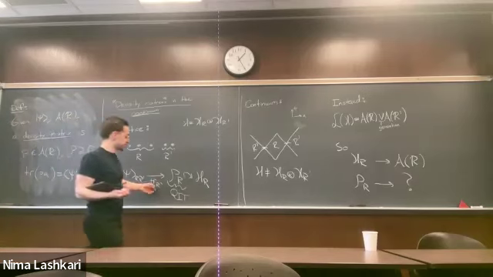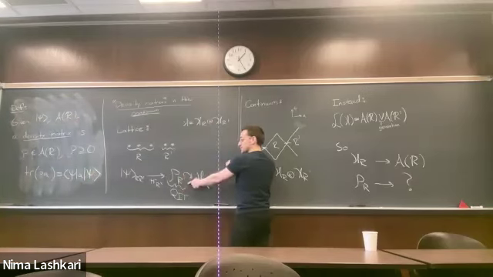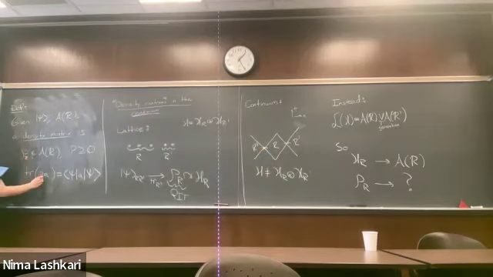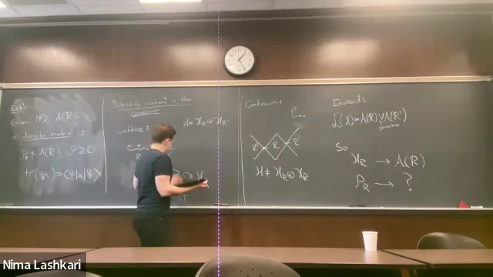This is also how the partial trace here is defined. This is how this rho R is defined on the lattice. I guess maybe I should put a subscript R to make all of this clear. Okay.